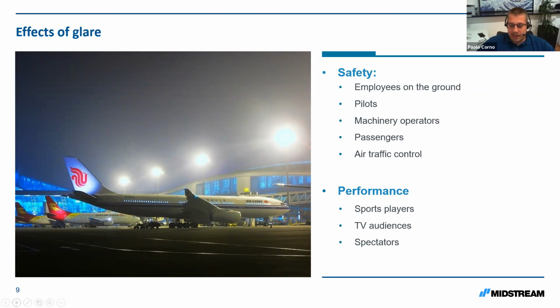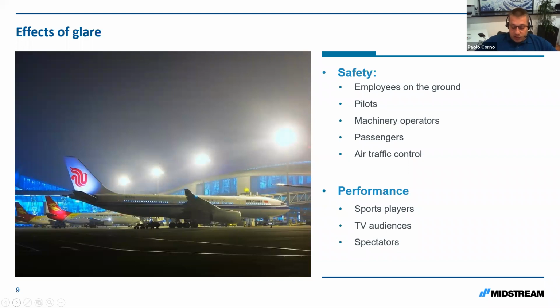With very glary installations like the one we see here in the picture, you basically lose the visibility of what's behind it. Because if what's behind the glare installation does not have enough luminance, it will not be visible for you. So in many airports, there are issues related to this type of glare.